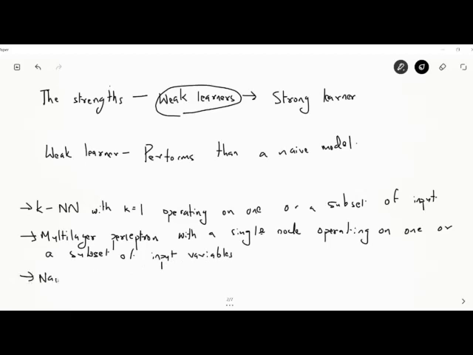Naive Bayes also, operating on a single input variable.